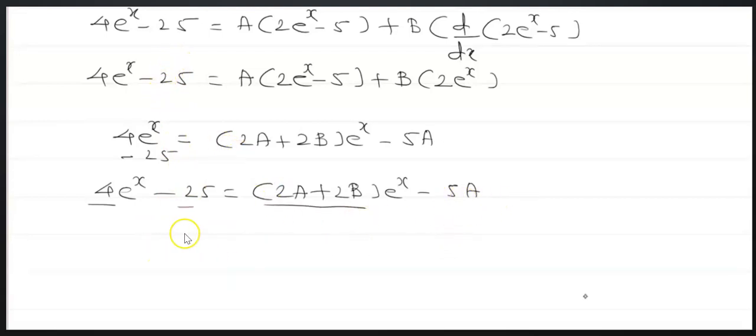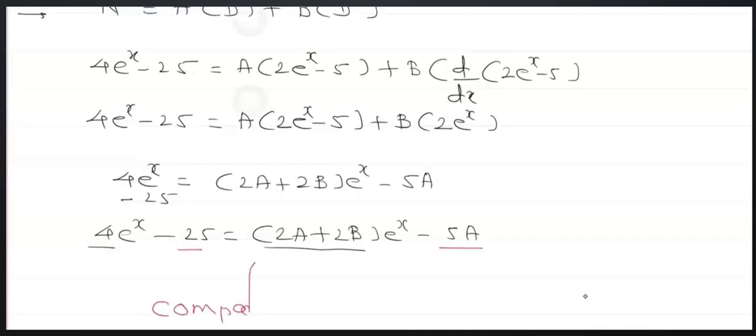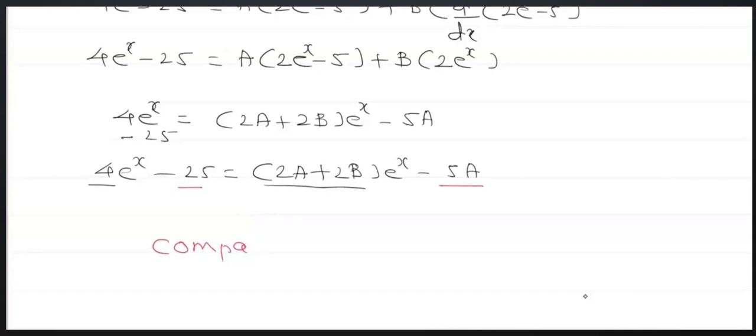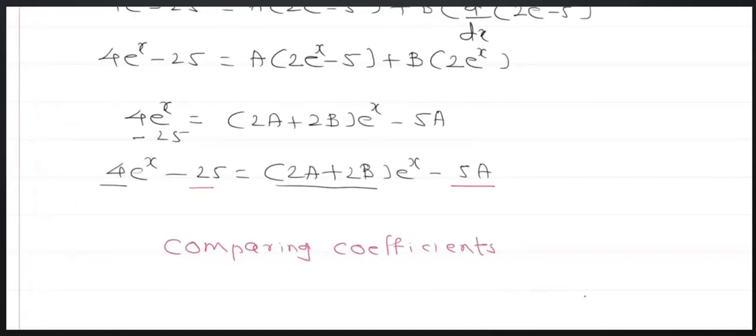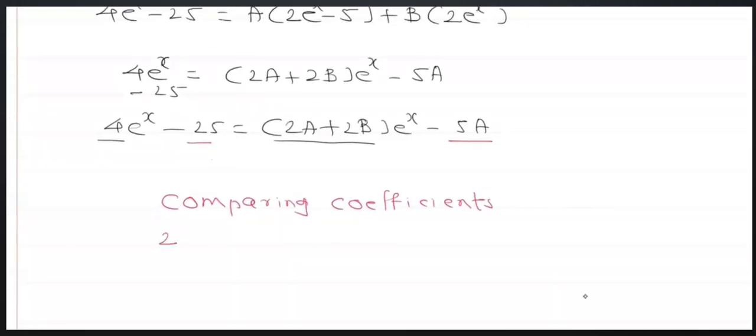Minus 5a is equals to minus 25. Therefore, a is equals to 5. So, comparing the coefficient of e raised to x, that is 2a plus 2b is equals to 4.